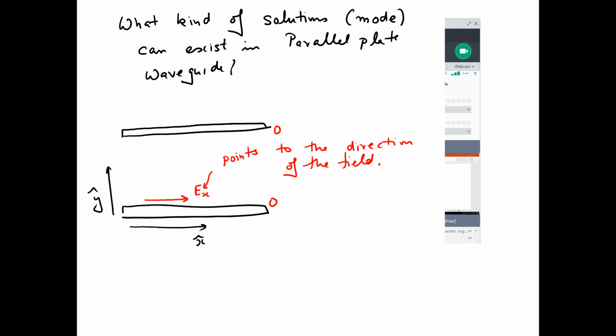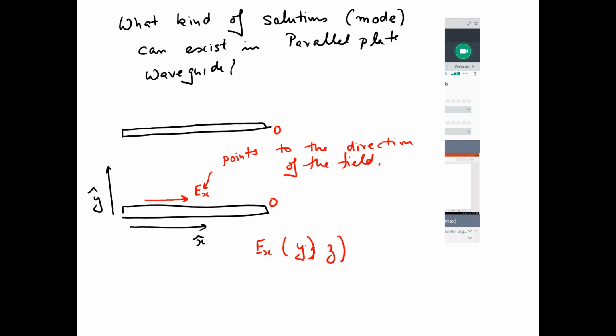So there is going to be some variation. That means this component, which is pointing in x direction, is going to have a variation in y. And obviously we are looking for solutions in z, so it's also going to have a variation in z.